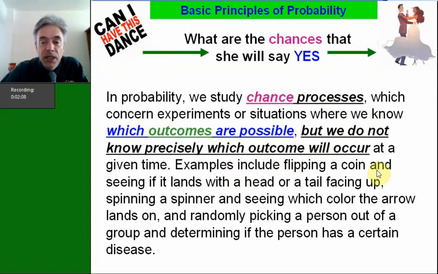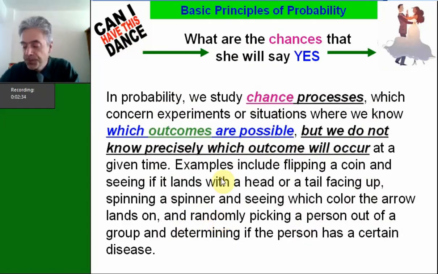Examples include flipping a coin and seeing if it lands heads or tails facing up, spinning a spinner and seeing which color the arrow lands on, and randomly picking a person out of a group and determining if the person has a certain disease. These are all examples where you may know the possible outcomes, but you don't know for certain what's going to happen, right?